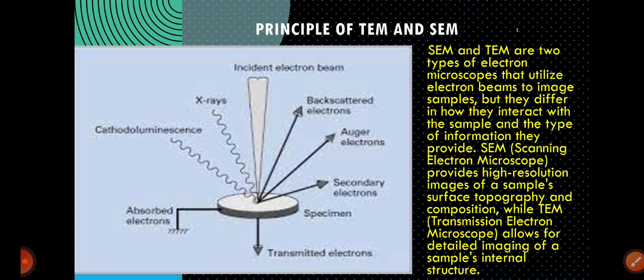If I heat the tungsten filament, due to thermionic emission it will emit a number of electrons in all directions. Those emitted electrons are made to travel in one direction, and then they become a high energetic beam.